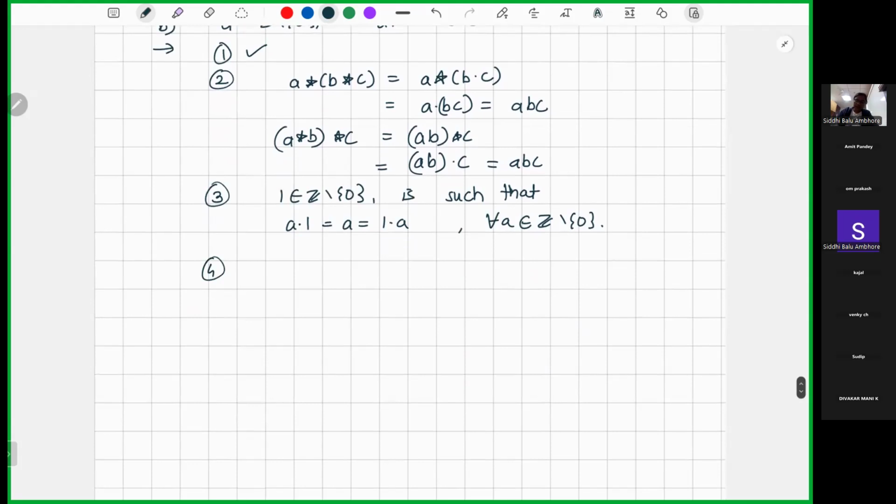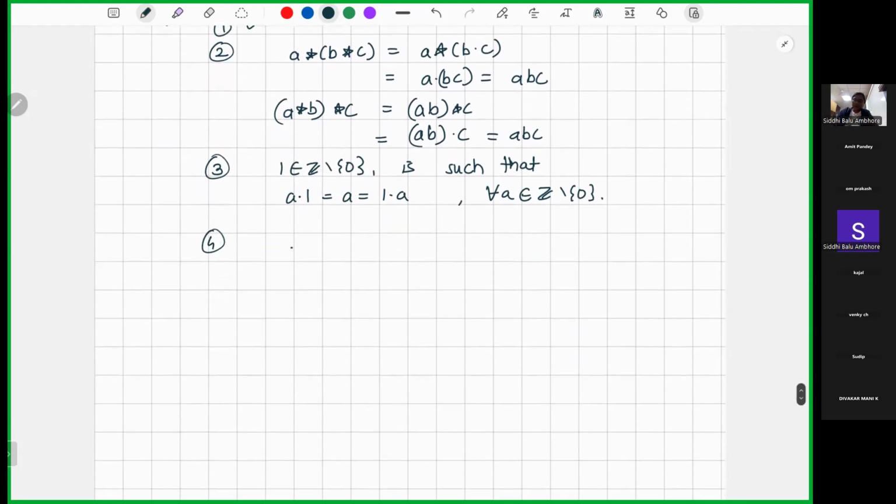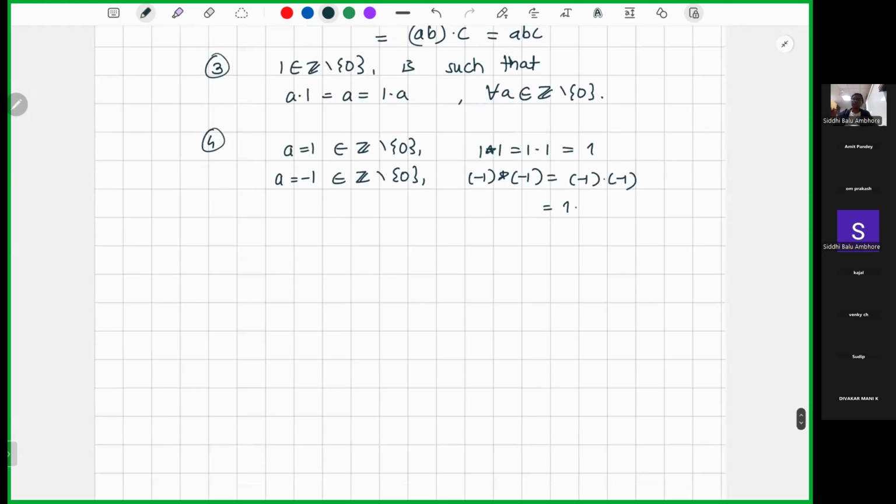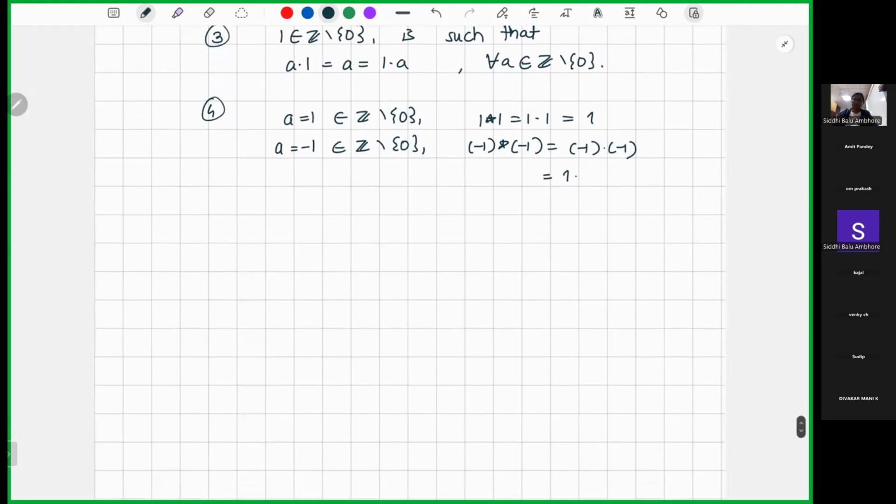But for inverse, there is a problem. If I take A to be 1, then 1 star 1 is 1, so it has an inverse. If I take A equal to minus 1, then minus 1 star minus 1 is 1, so minus 1 has an inverse, which is itself. Similarly, 1 has an inverse.